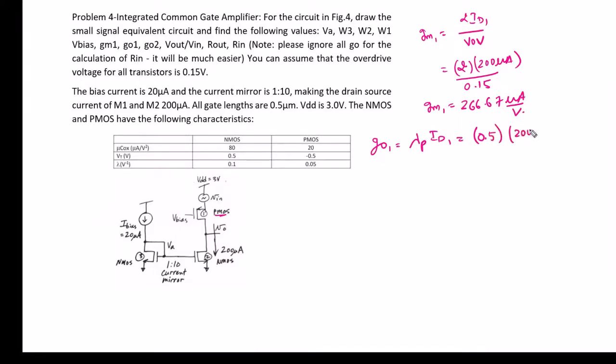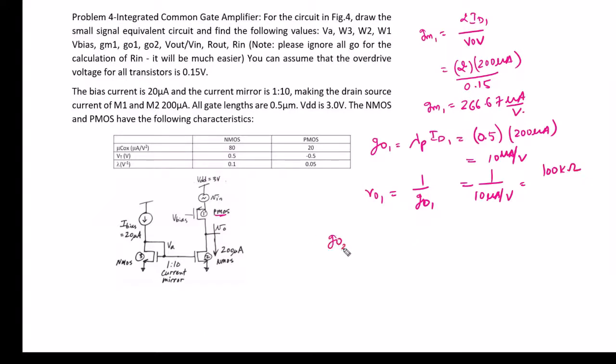So ID1 is 200 microampere, so this value will be 10 microampere per volt, and simply we can also calculate the resistance of the first transistor, which can be given as 1 upon GO1, and it will be 100 kilo ohm.